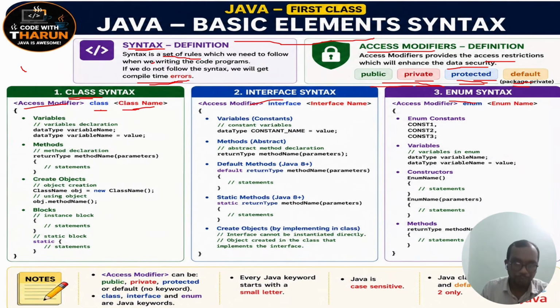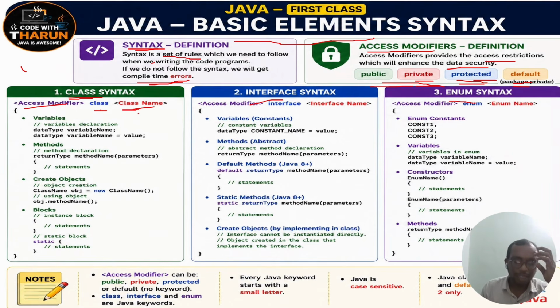Inside that, we will write variables, methods, create objects, and blocks. You can also take employee, college, mobile, car, bank, anything you want.